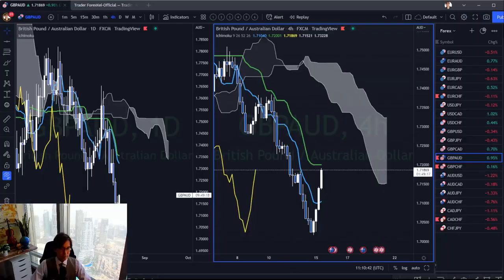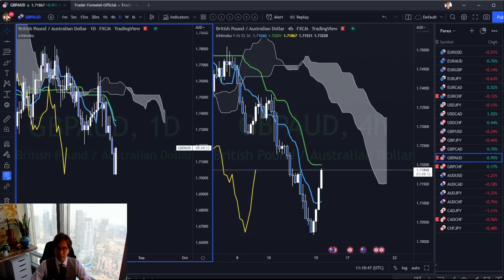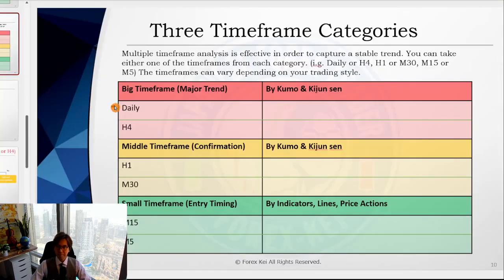I simplified the way I screen charts by Ichimoku lines, and it saves a lot of time and effort for myself. So this is basically how I screen charts based on the higher time frames.